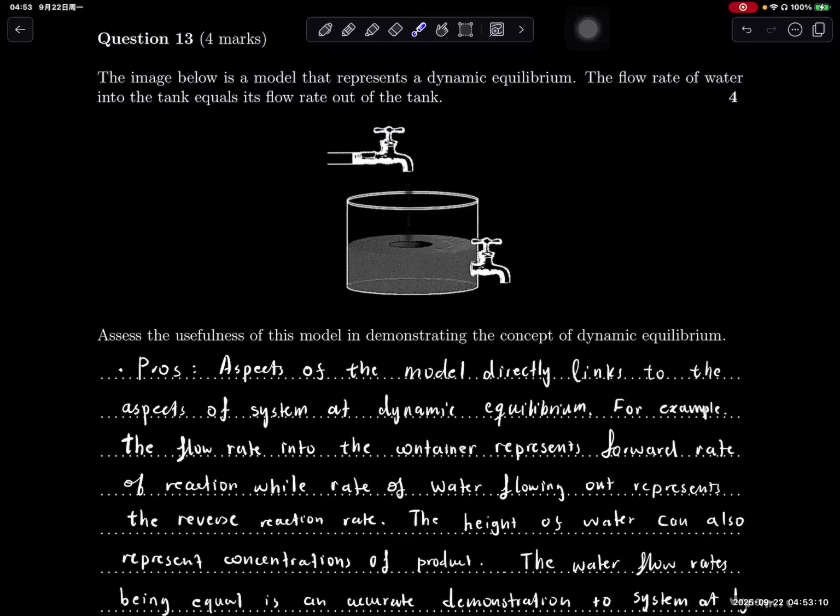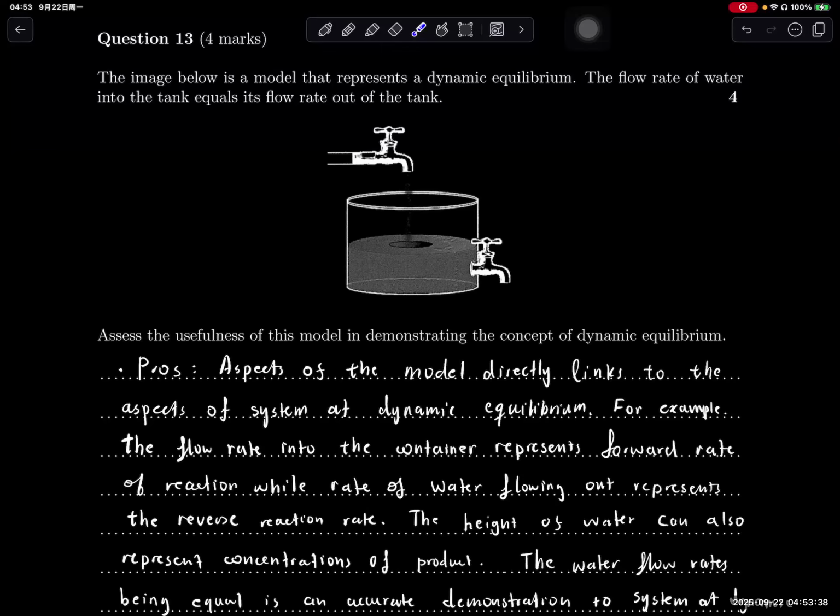That's why it's good. And then you have to be very specific about these aspects. For example, the flow rate into the container represents the flow rate. This is me making a direct link between the model and the chemical aspects of chemistry. This is how you answer these questions. For every model, you have to make links between aspects of this model.